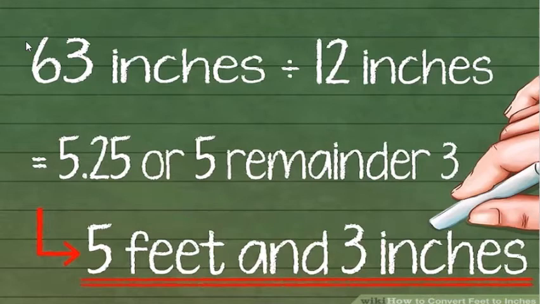Okay, so a remainder is just the number left over when two numbers don't divide evenly. For example, 4 goes into 12 exactly 3 times, but 5 doesn't fit into 12 perfectly. It goes in twice to make 10, then it only fits in partly the third time.